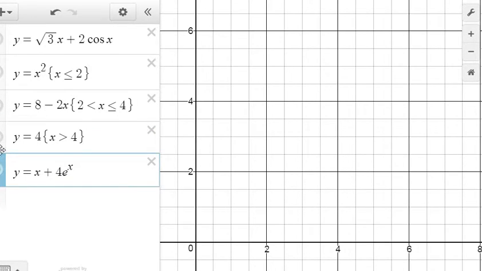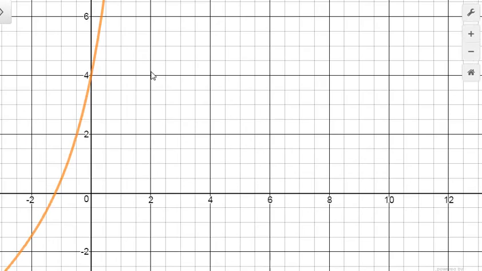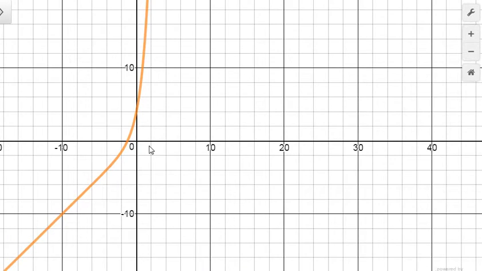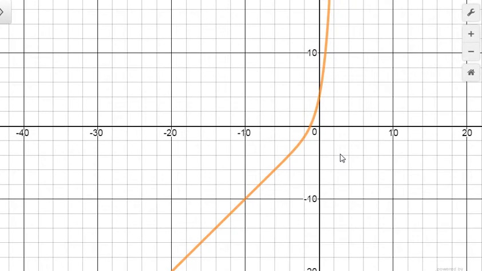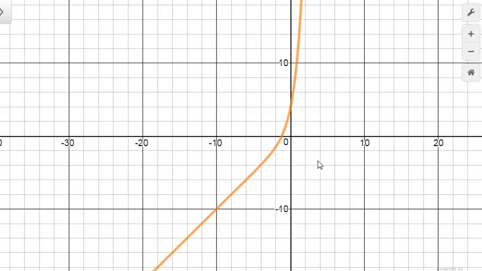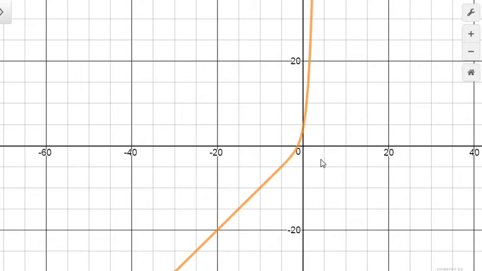Let's turn that on and zoom out a little bit. Does there look like there's going to be a solution here? Does it look like there's a place where there's going to be a horizontal tangent? No, nothing I see, but I could be wrong.